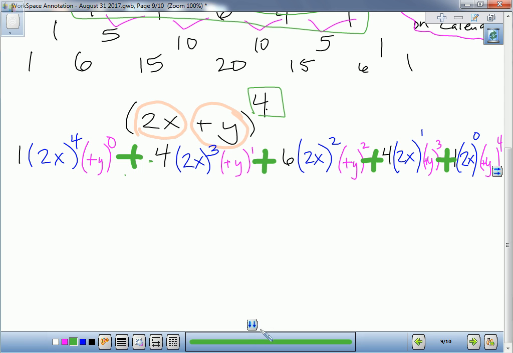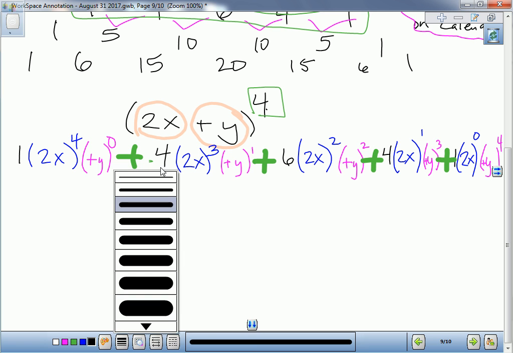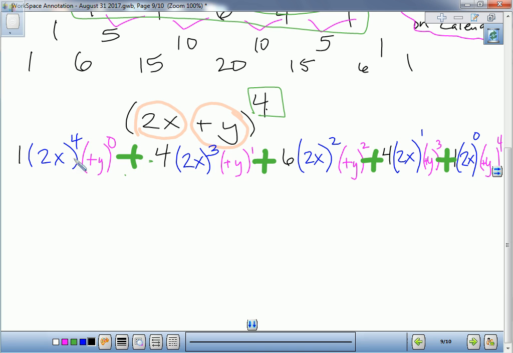And then I'm going to let you use your calculators. I'm okay with you using your calculators to do these calculations. They're not terribly difficult, but if the calculator would help you, do you know 2 to the 4th? 2, 4, 8, 16. 2 to the 4th is 16. So we do 2 to the 4th times 1.